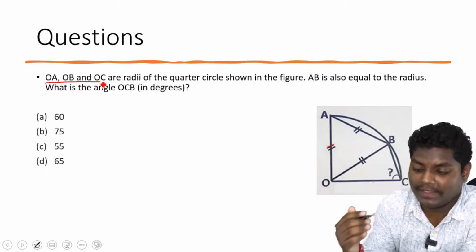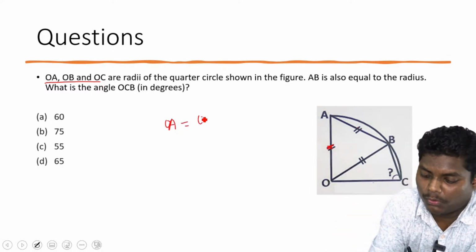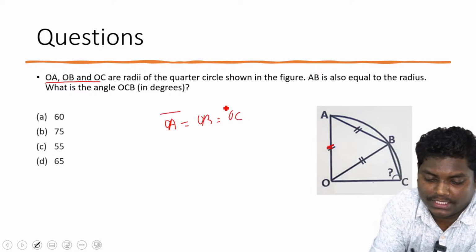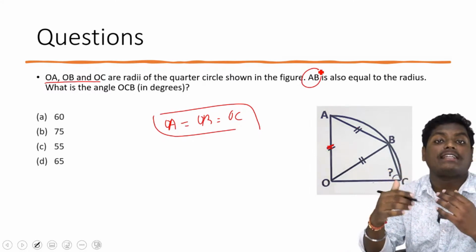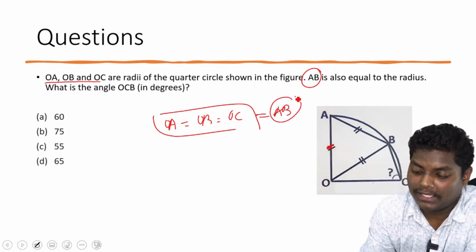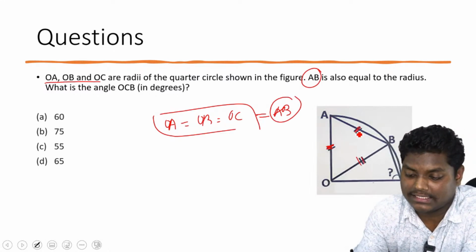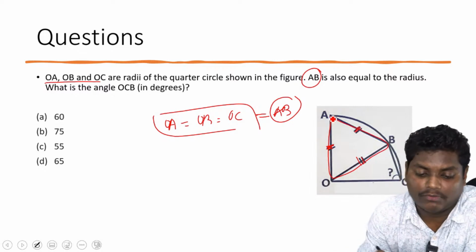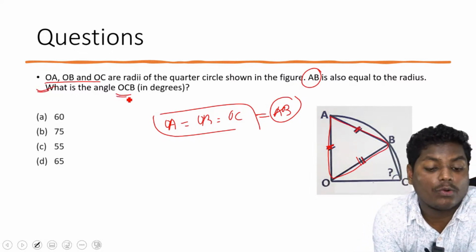OA will be equal to OB, equal to OC, and they have also said that AB is equal to the radius. So this will also be equal to AB. So we can see that this is an equilateral triangle. And what is asked? It is asking us to find the angle OCB.